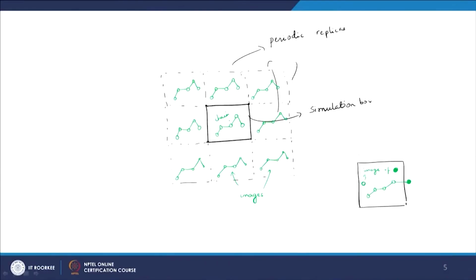The advantage now is that this entire polymer chain can move out of the box and a chain containing its image can come into the box. So, there is actually no actual box being simulated, there is no wall effect at all. The whole idea of the wall is just imaginary. I can think that my simulation box is not this entire volume. I can equivalently think of my simulation box as some other cubic volume.